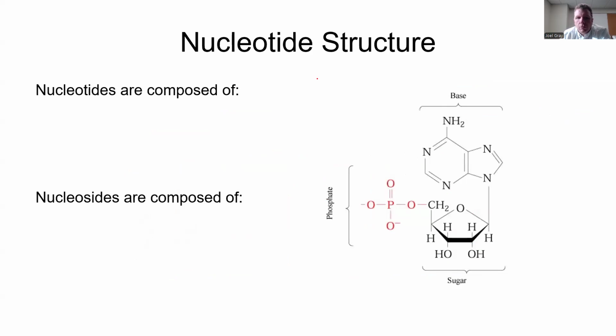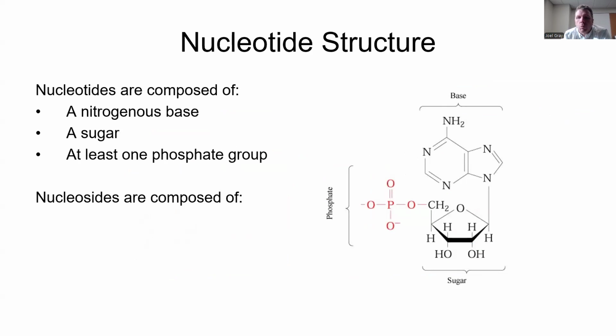Now, a nucleotide is composed of a nitrogenous base, a sugar, and at least one phosphate group. That sugar can vary. It could be a deoxyribose or ribose. Now, compared to that, a nucleoside is composed of a sugar, our five-membered ring down there, and a base, our nitrogenous base.